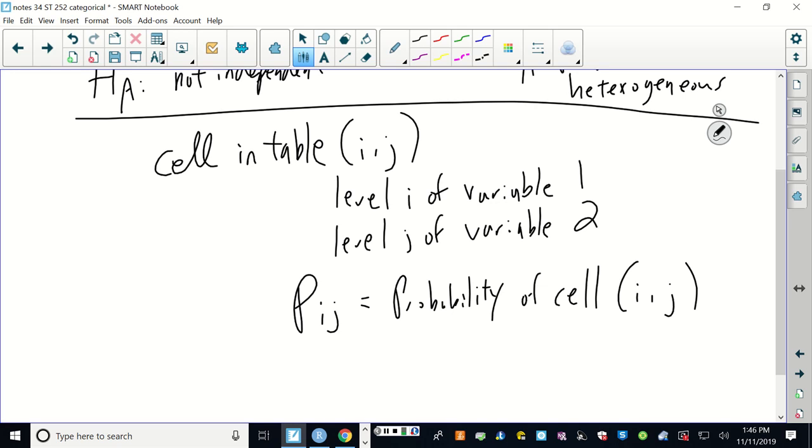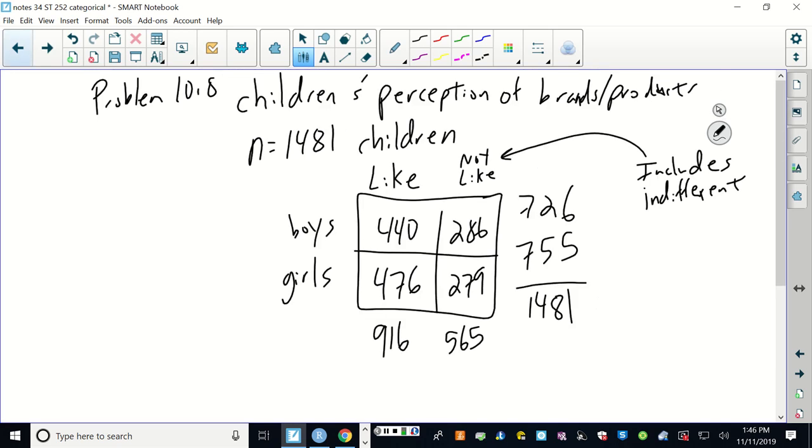Right? So we've set things up where we have categorical data and we're putting things into tables. This one has just 2 levels of this variable, 2 levels of this variable. So this would be gender, and this is an attitude in terms of the names of the variables, and the levels are boys and girls and like and not like. And so I could be 1 or 2, J could be 1 or 2.